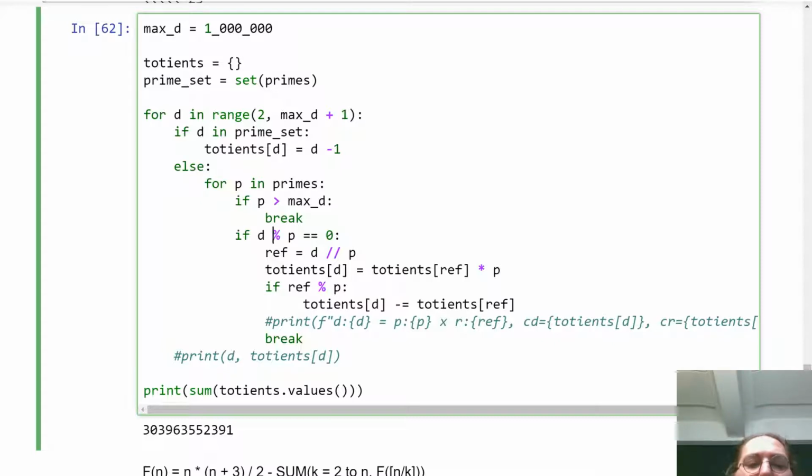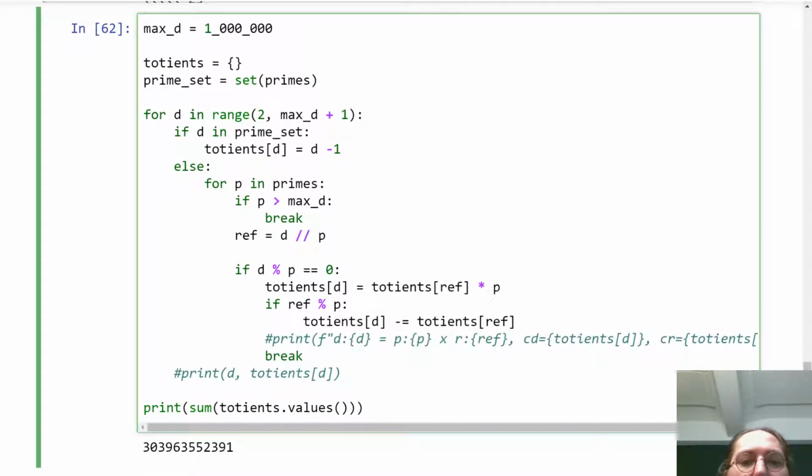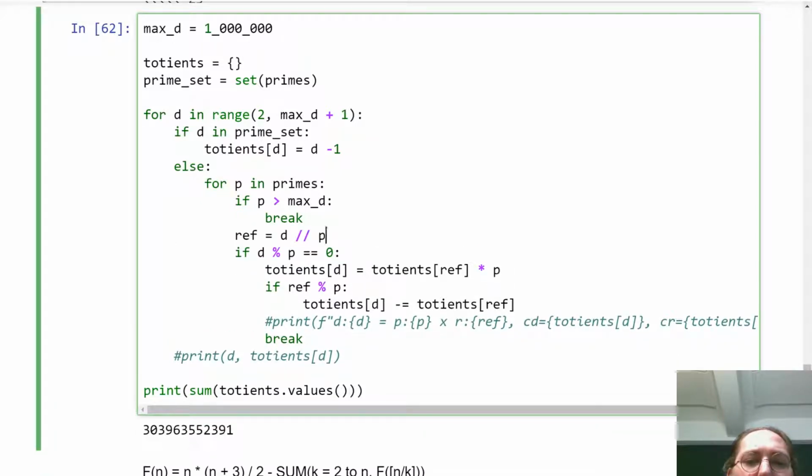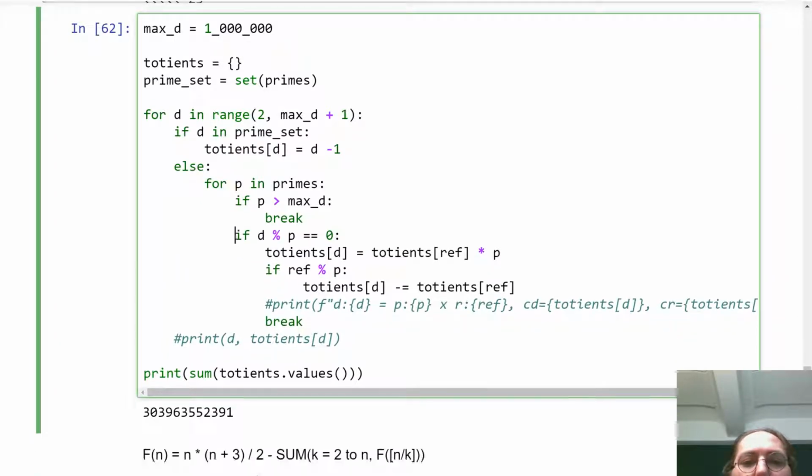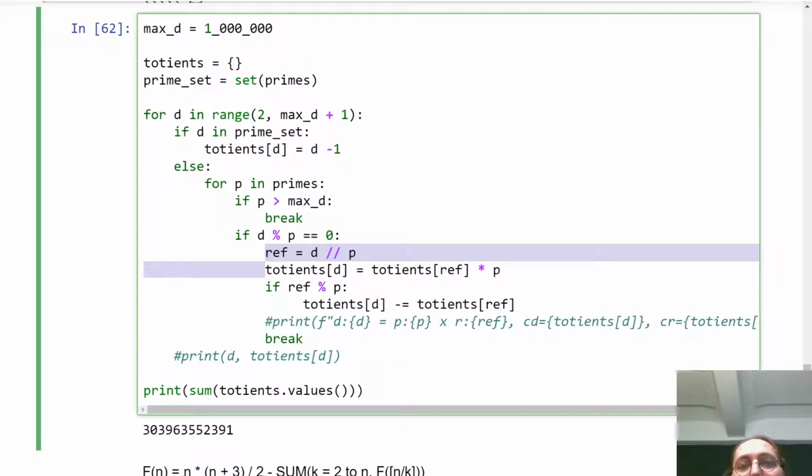Well, we could do ref. There is a divmod function in Python. We can do this, and then the multiplication. If ref times p is d. But that is not quicker because division and multiplication is exactly the same in the computer. No, that's not true. Indeed, the processor has a circuit that calculates the inverse of a real.